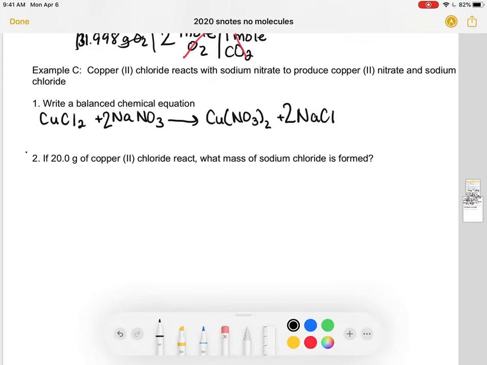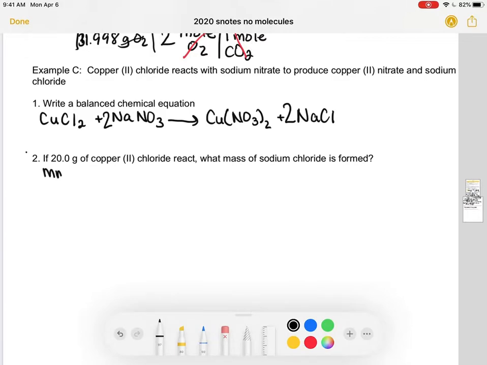All right, last problem. If I have 20 grams of copper 2 chloride, what mass of sodium chloride is formed? So I need the mass of copper 2 chloride, and I also need the mass of sodium chloride. And just because we've been calculating molar masses this whole video, I don't feel the need to calculate them out for you right now. So I'm just going to tell them to you.